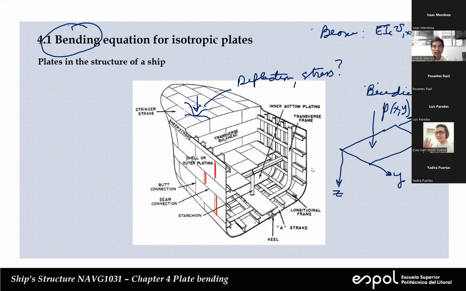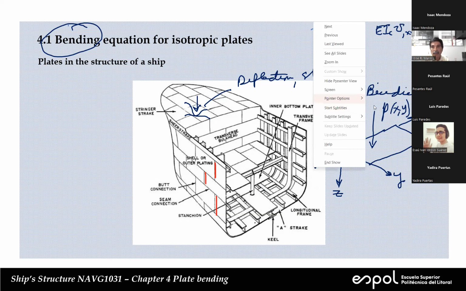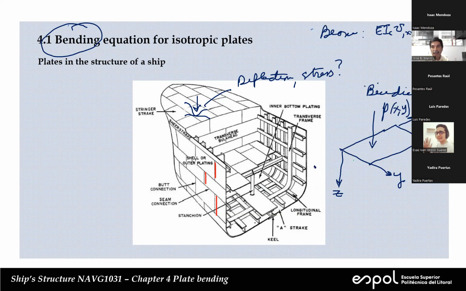Okay? Let me change color. There could be another option. For example, what happens if I apply a force like this? Okay, you see that this F that I have drawn here is in the plane XY, has components in X, components in Y. Okay, this is in-plane loading.